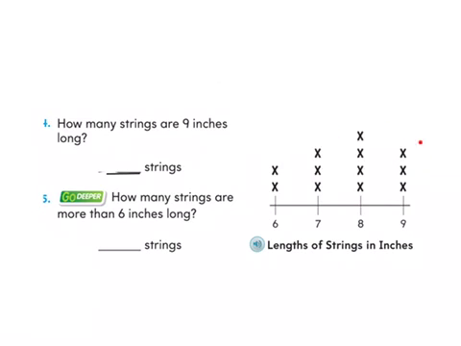So whoever did this measured 12 strings, and they plotted it. So that means there are 2 strings that are 6 inches long, 3 strings that are 7 inches long, 1, 2, 3, 4 strings that are 8 inches long, and 1, 2, 3 strings that are 9 inches long.